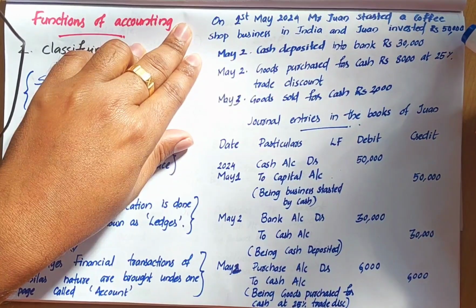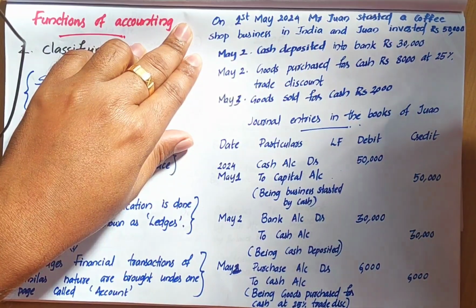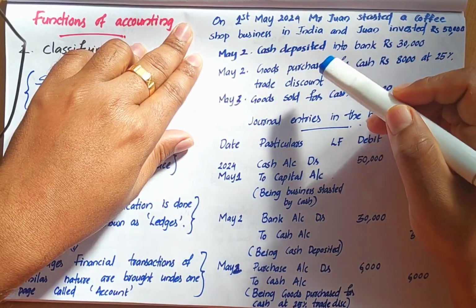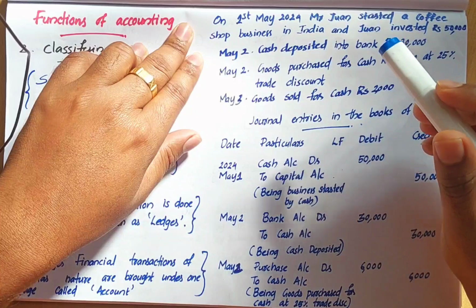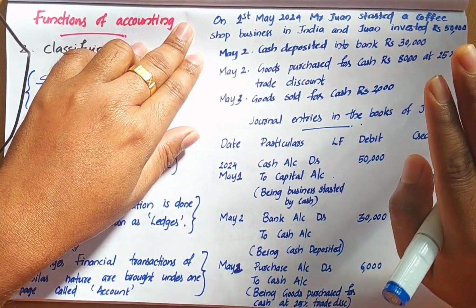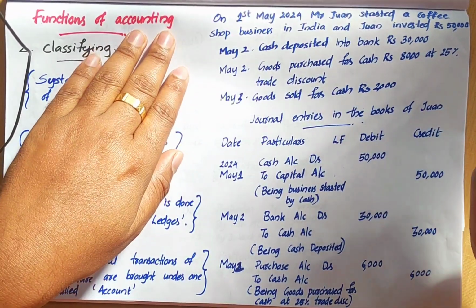We are not taking all the transactions that happened in that business, only 2-3 transactions. Our objective is to understand what is recording and what is classifying.